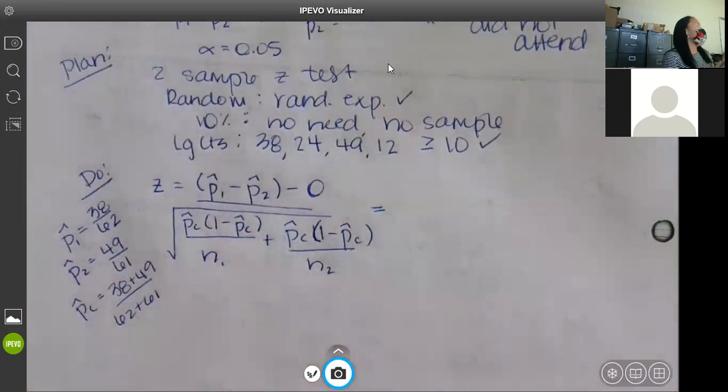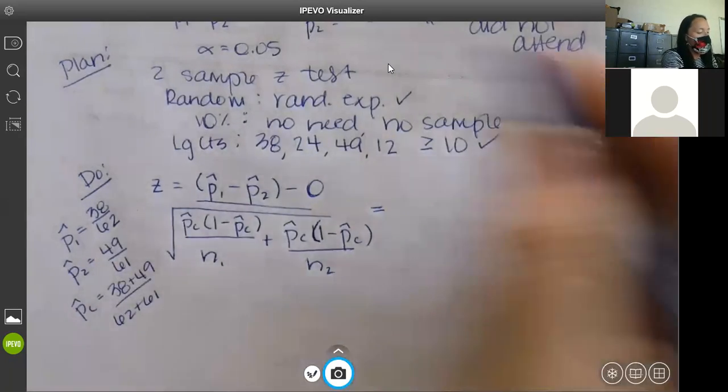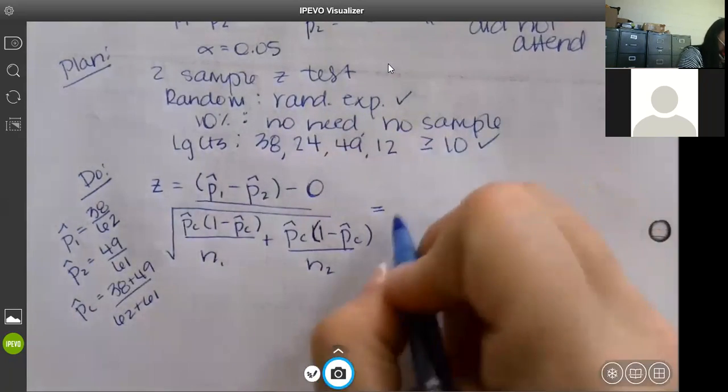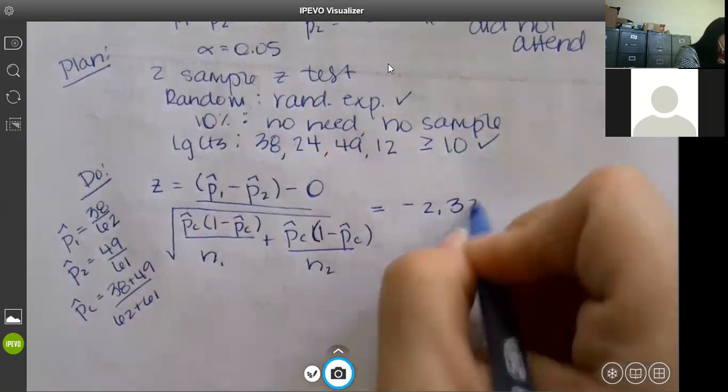You don't even have to put it together. When you put all of this into your formula, you're going to get negative 2.32.